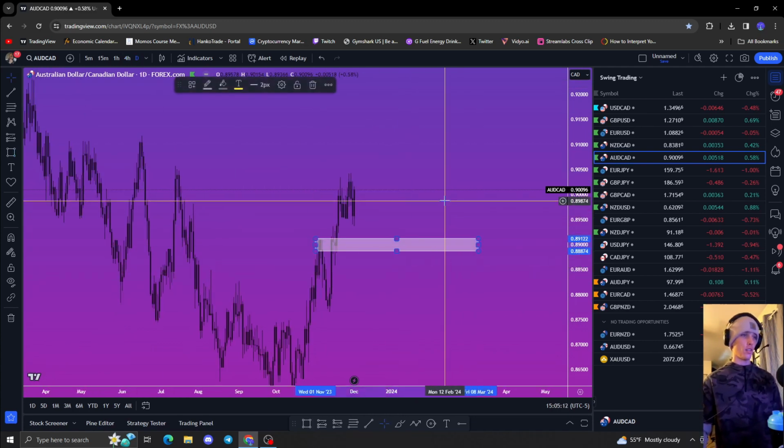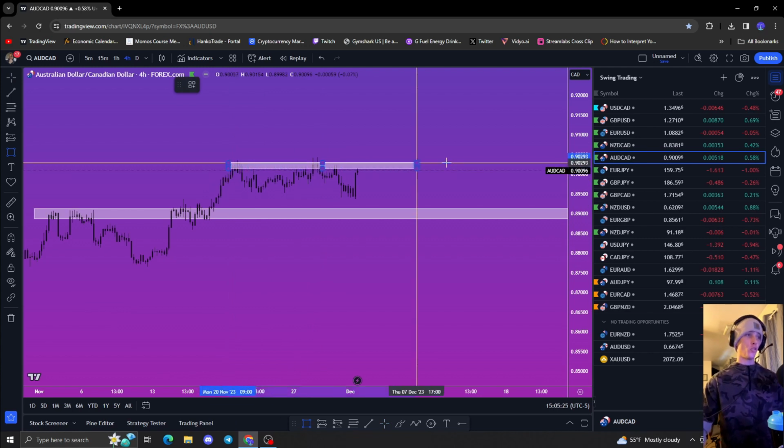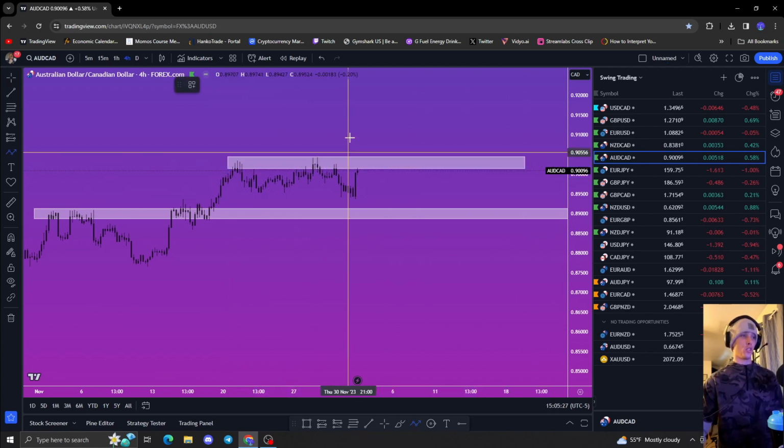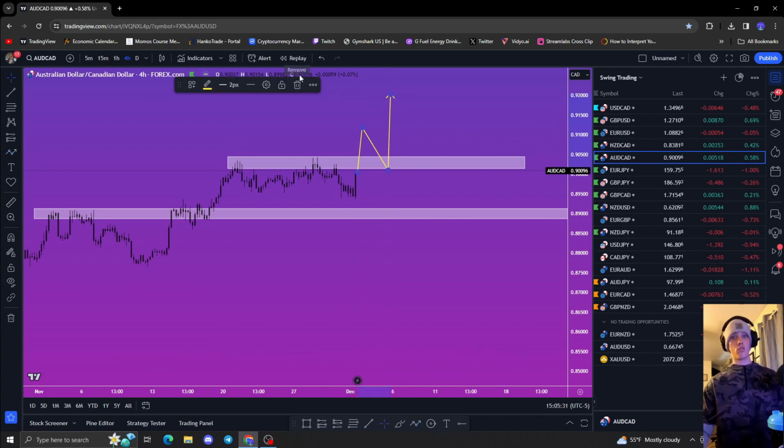So this looks like a daily break. I will just be waiting for a retest back into the zone. If price even does come back into the zone to retest, it might just break this high and continue higher. Which, if that's the case, I will look for a break, a retest, possible buys to continue the trend.